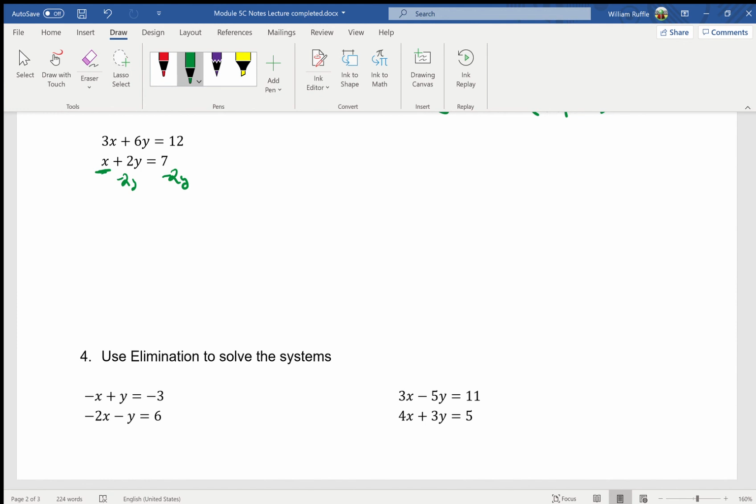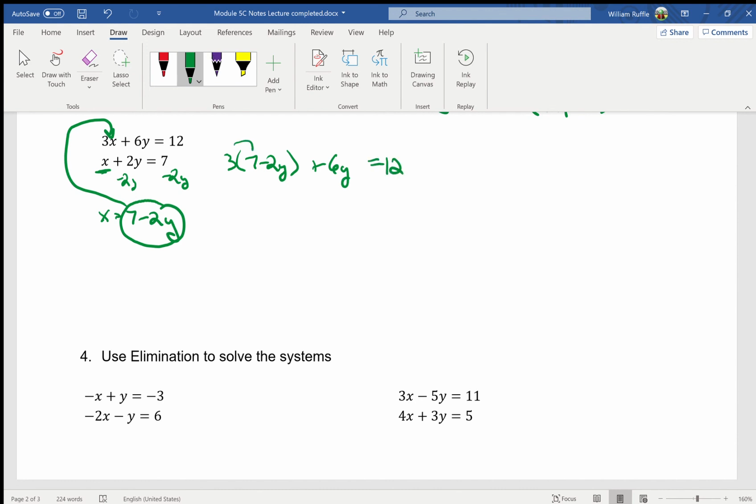We've always solved for y for the slope-intercept, but in substitution we could do either or. So I get x equals 7 minus 2y. So I've solved for x, so I want to put it in for my x. So it's 3 times 7 minus 2y plus 6y equals 12.